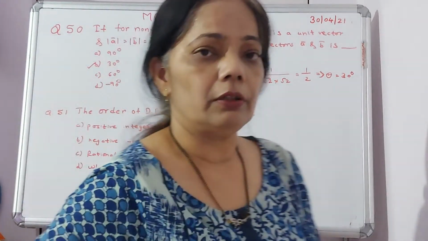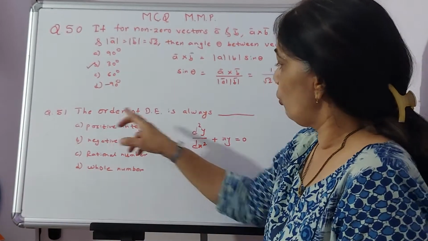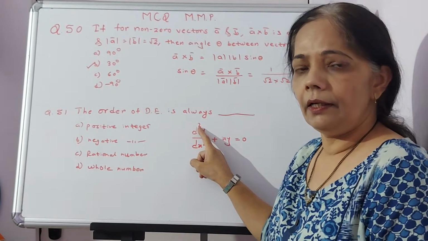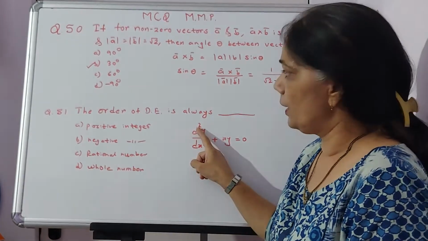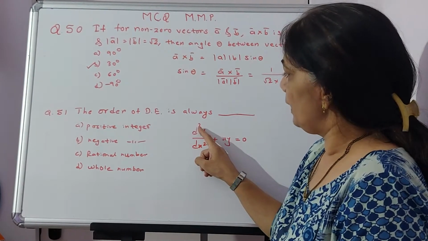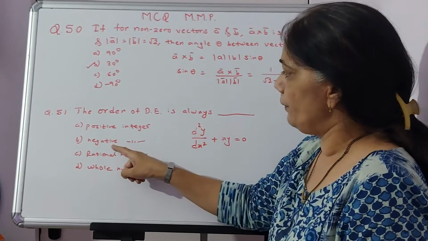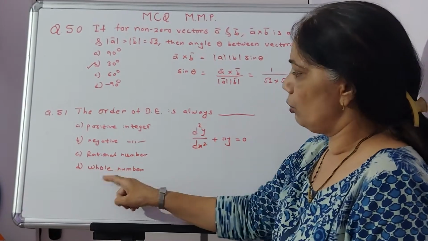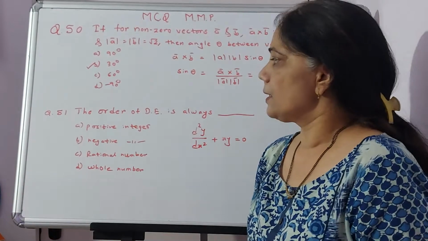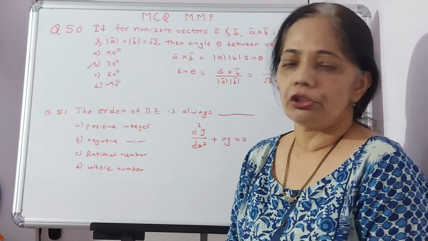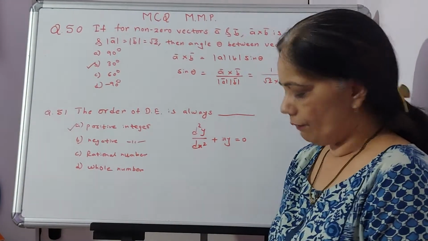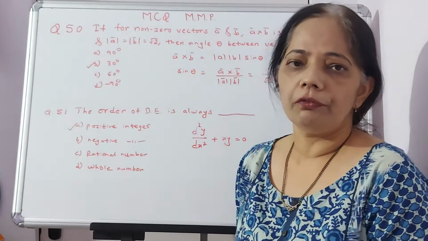Suppose I write such an equation and I need to find out the order, so the highest possible derivative, that order has to be considered. So this d2y by dx square, I have never seen in my life that the value will become either a negative integer or a rational number or a whole number. If it is so, then it's not a differential equation. So obviously the answer will be A, which is a positive integer. So in this case, the order of a differential equation should always be a positive integer, correct?